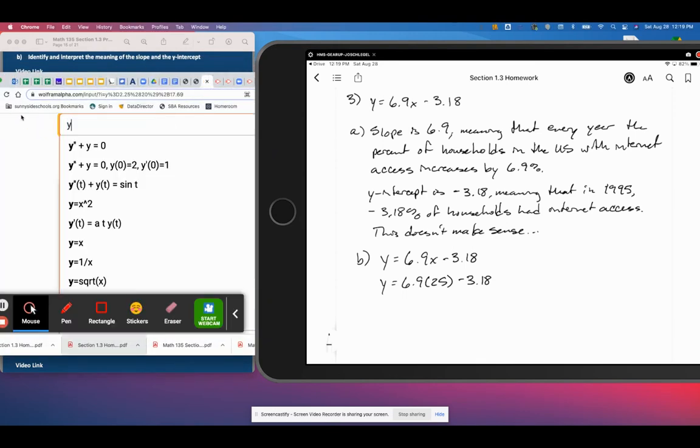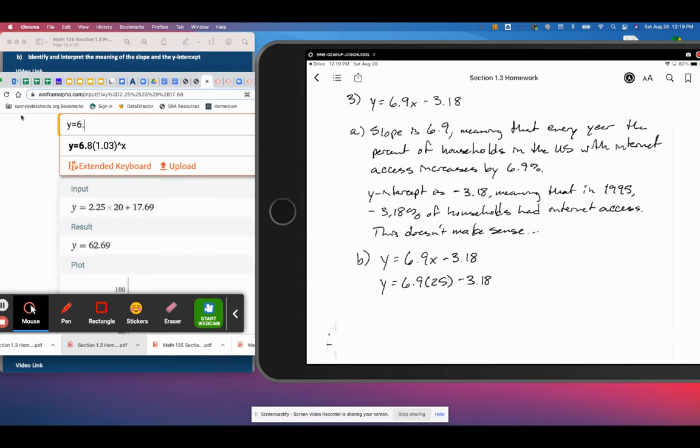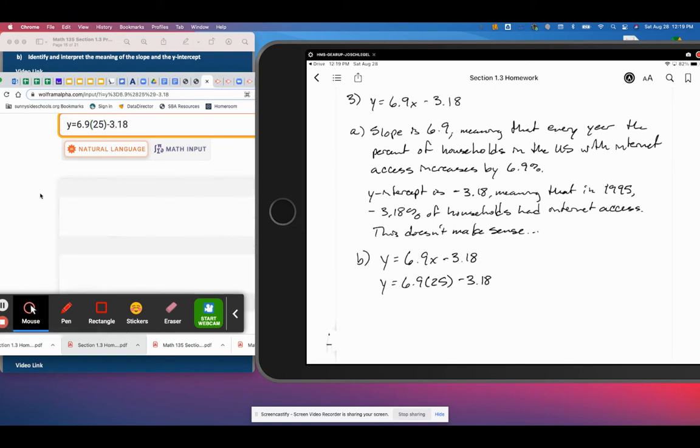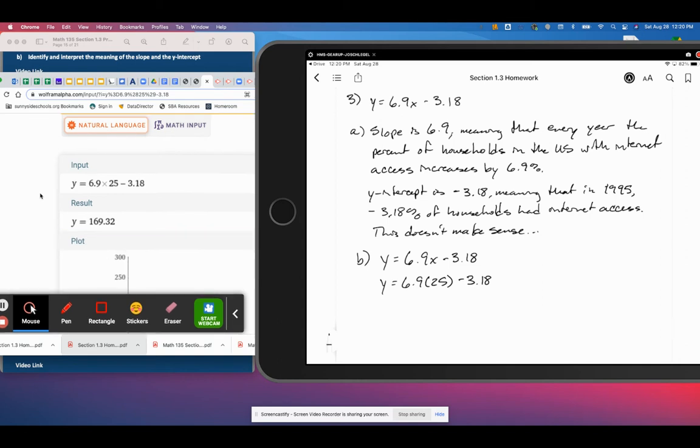So here we've got y equals 6.9 times 25 minus 3.18. And so this is giving us 169.32.